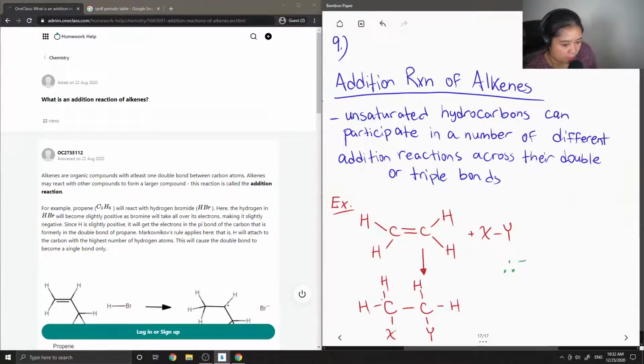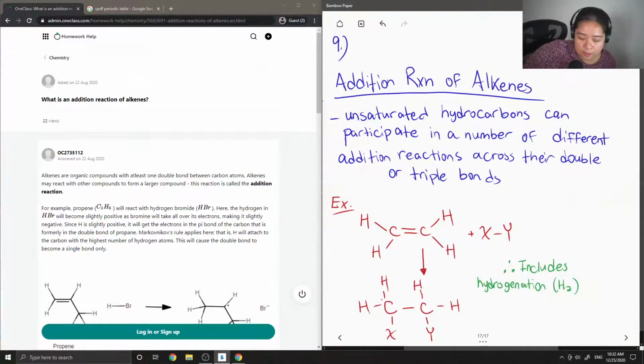So this can include hydrogenation, so this is when XY can just be molecular hydrogen. So when you have an alkene reacting with molecular hydrogen and a metal catalyst, then the double bond can just get reduced to a single bond and hydrogens are added. So this is just the addition of hydrogens.